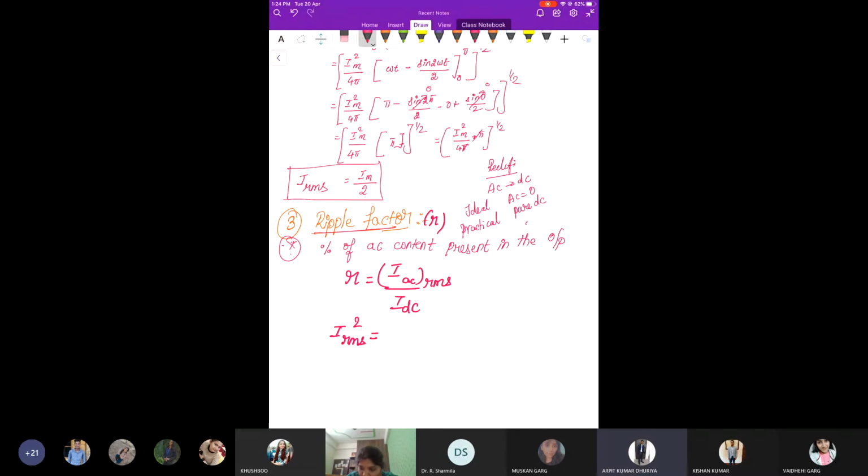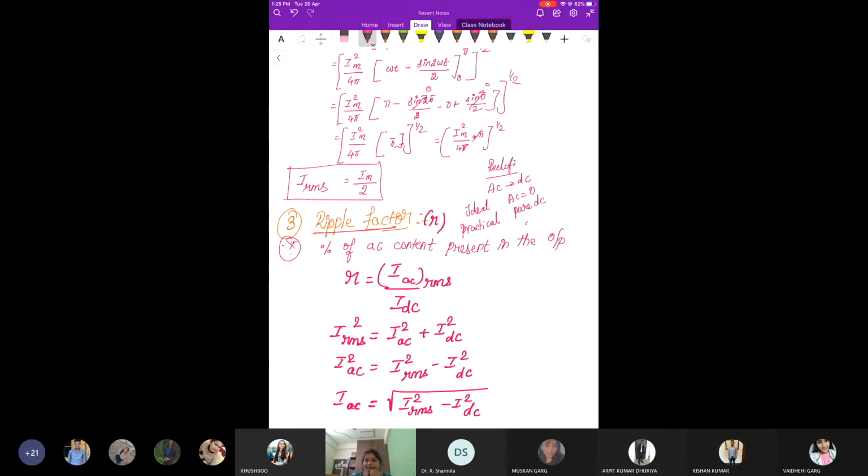The AC component added with the DC component gives the RMS value. So now I am going to write I square AC as I square RMS minus I square DC. So IAC can be written as the root of I square RMS minus I square DC.